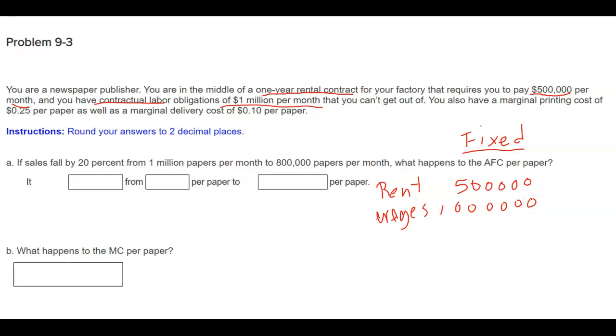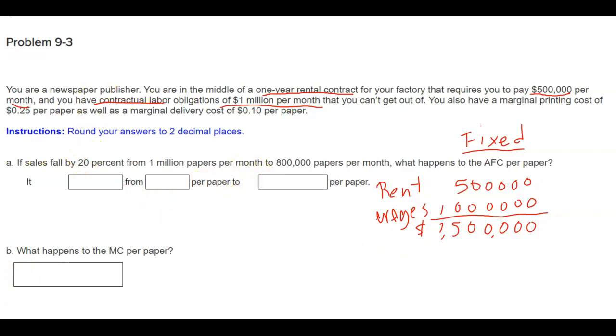So we're going to add these two together, and that's going to give us $1,500,000. So we add these two together, and this becomes our total fixed cost in this problem. So we're just going to pay attention to that first part of the problem.